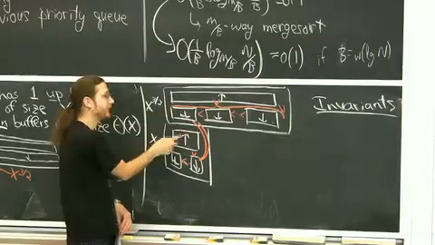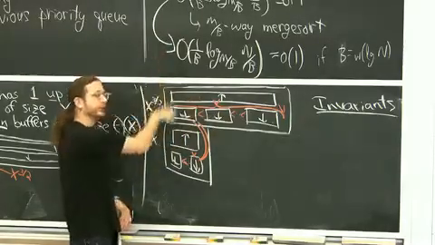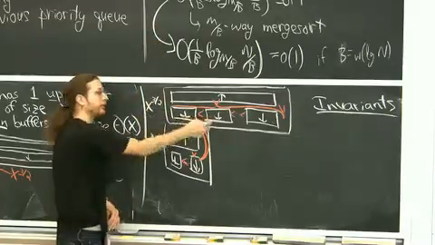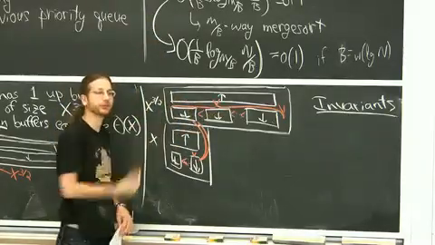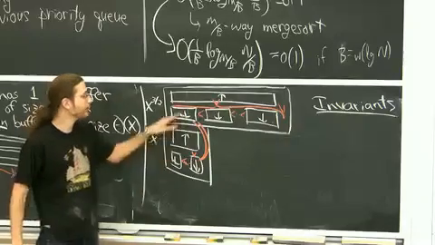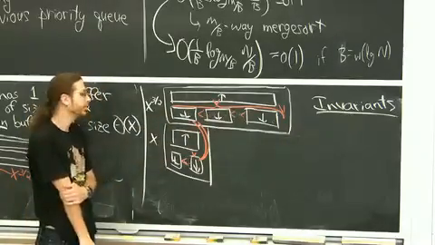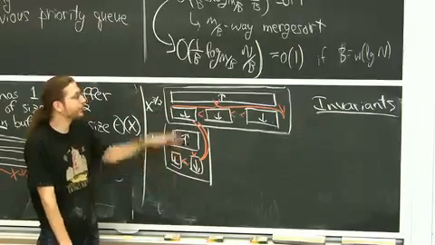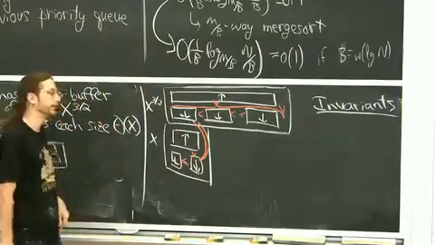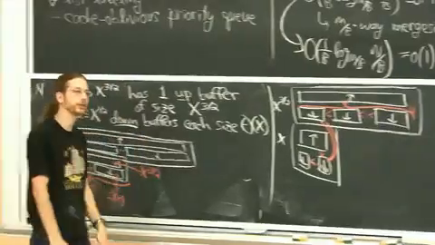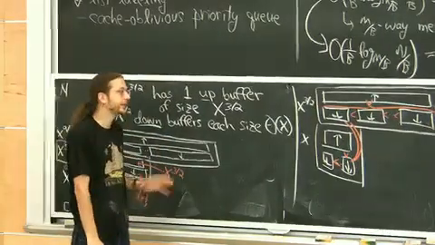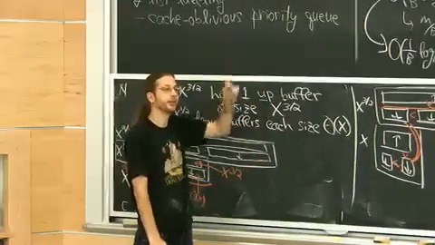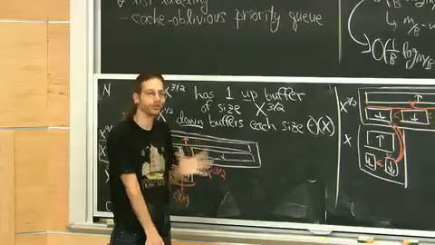We don't know how these items compare to these items, or these items could have to go higher. Could be they belong here or here. Who knows? So basically, the down buffers are more or less sorted, and so the mins are going to be down at the bottom. And the up buffer items are still moving up. We don't know where they belong yet, but eventually they'll find their place and start trickling down. Roughly speaking, an item will go up for a while and then come back down, although that's not literally true. It's roughly true.